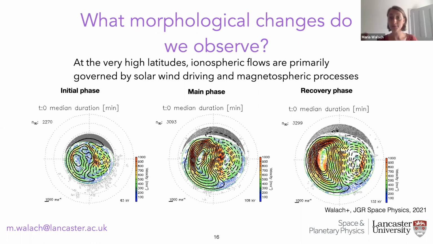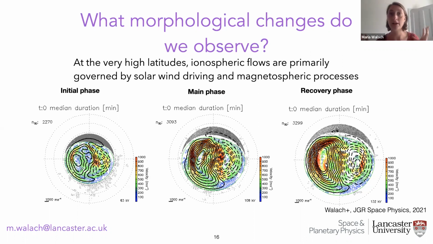But what do we see? Well, we can take all the SuperDARN measurements, we can put them together, and we can look at what a geomagnetic storm looks like on average. And this is what I'm showing here. I'm showing the first map that I've made for the initial phase of a geomagnetic storm, the start of the main phase and the start of the recovery phase.